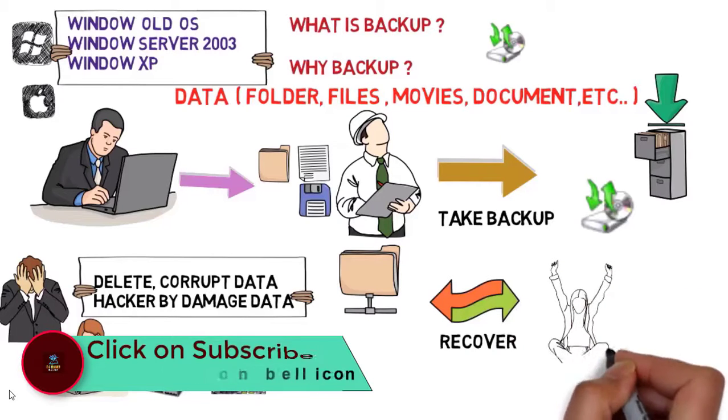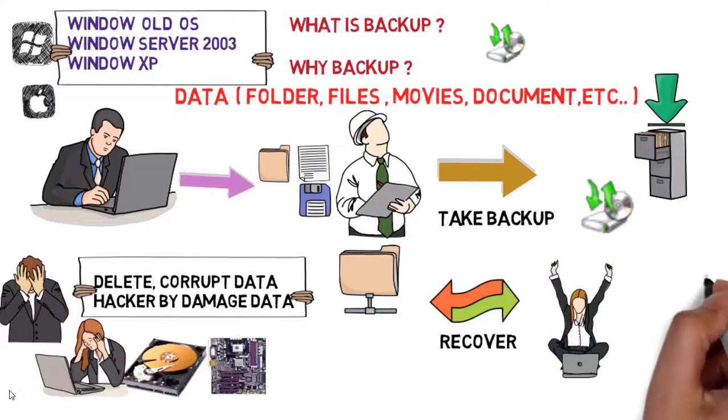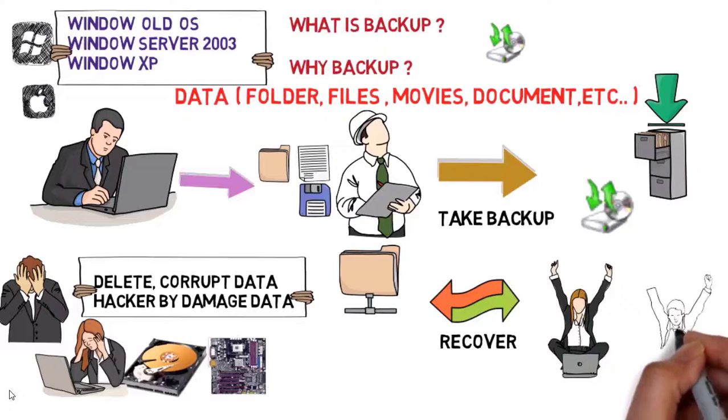You use recover to get back your data, and if you have taken a complete backup you recover it completely. That is a very worry-free way of working, and you lose nothing. So let's start how we can use it here.